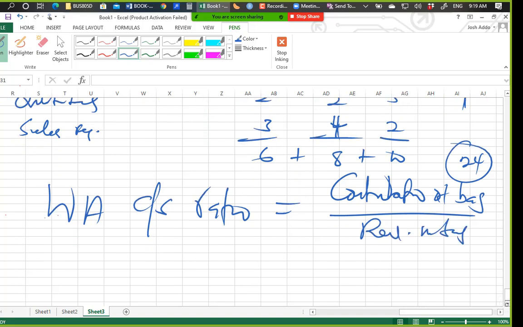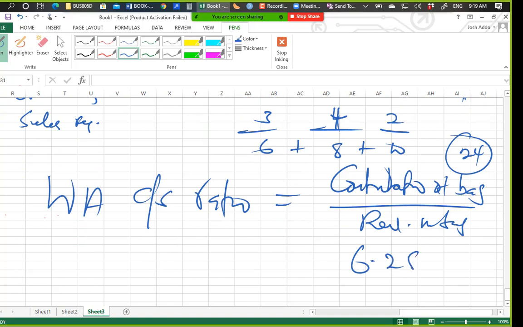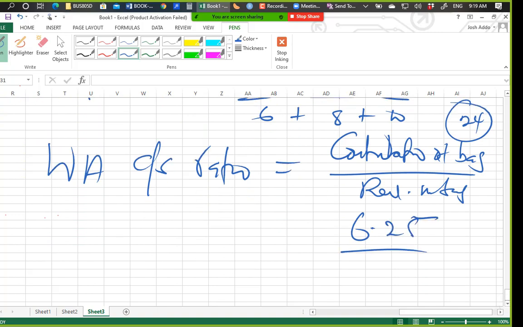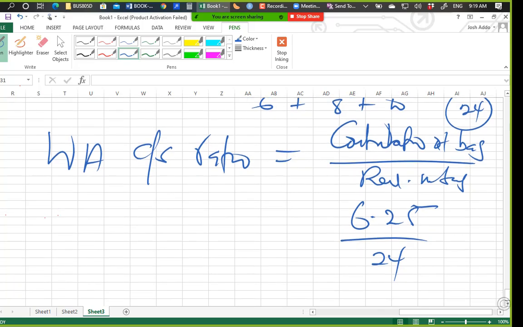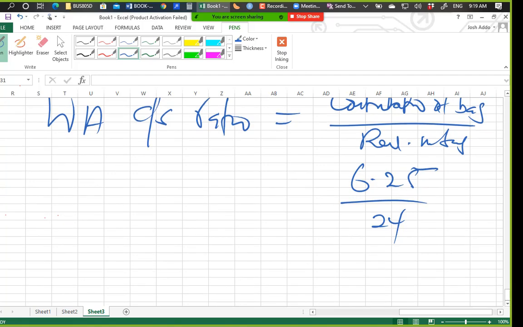This will give us 6.25 divided by 24. If you had used the gross figures, you would have had this one in thousands, also this one in thousands. But they will cancel to give you the same value. So 6.25 divided by 24, please, what would that give us?